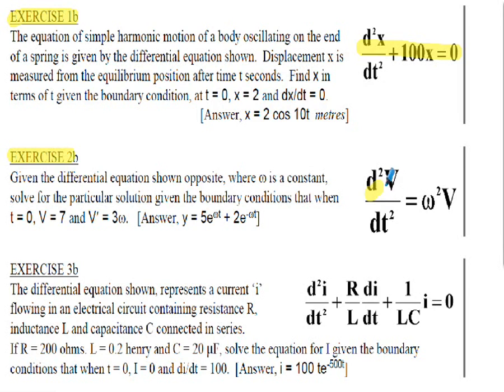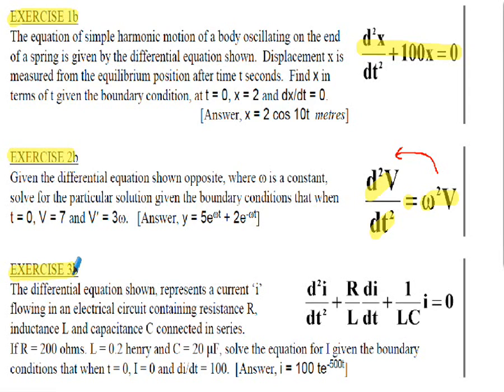This is shown as d2v upon dt squared is equal to omega squared multiplied by v. Now be careful here, you need to move the omega squared v to the left hand side of the equation so that the differential equation equates to 0 before you commence the solution process. So be careful of that. With all the homogeneous equations, you must have the equation equal to 0 before you start the solution.